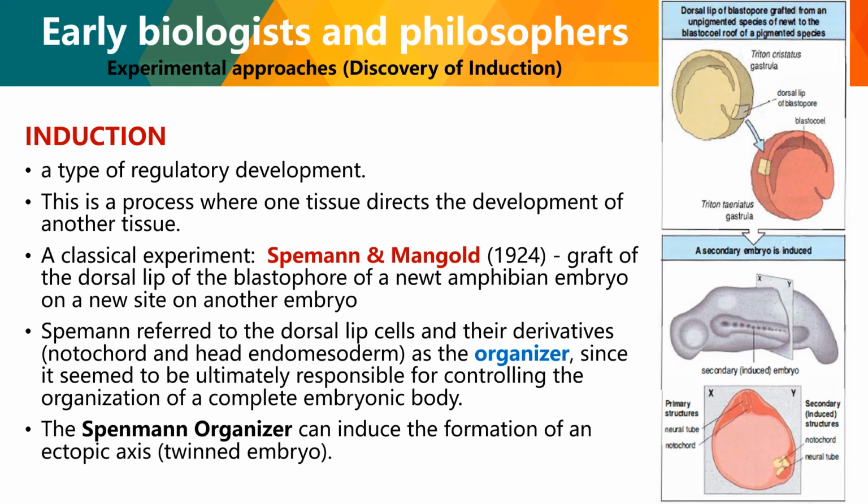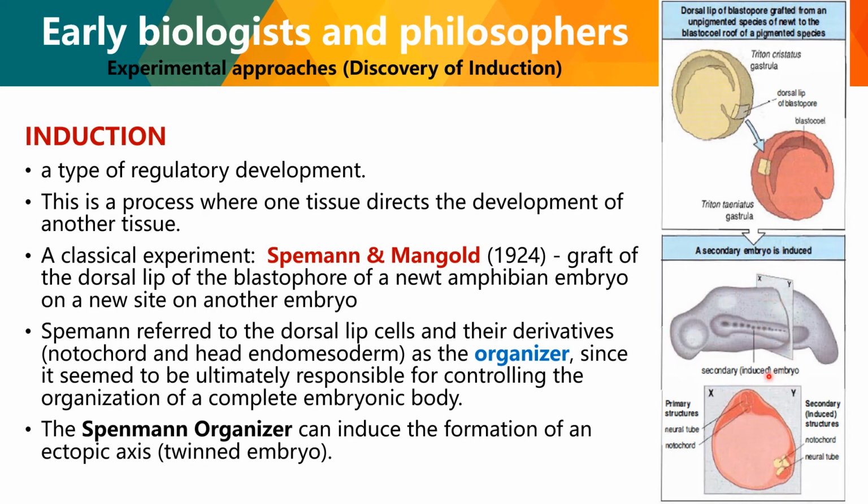So, as you see here in the experiment, this is the dorsal lip that has been removed from a Triton cristatus gastrula, and then they have induced it to another part of a gastrula of the same species. So what happened is that a secondary embryo is induced.